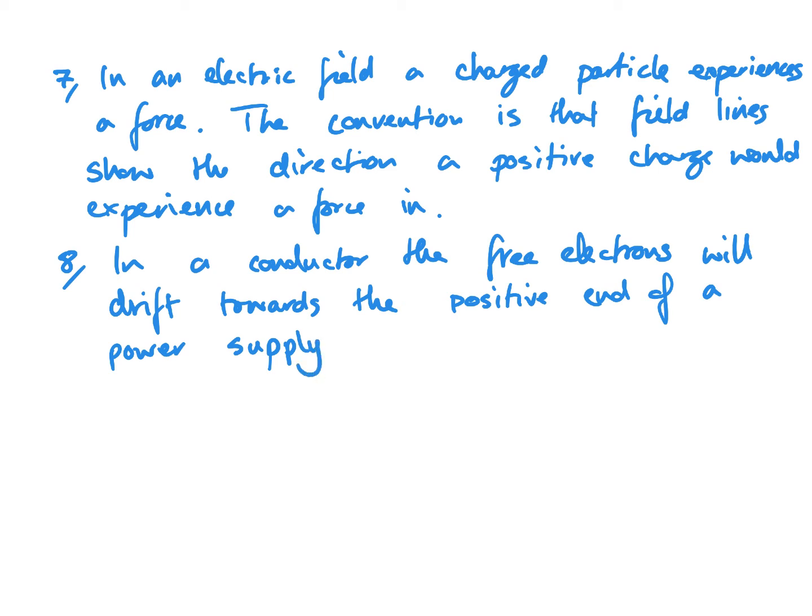So basically, a battery or any type of power supply sets up an electric field throughout the conductor so that the free electrons drift towards that positive end. So the electrons are already there in the conductor. That's what makes it a good conductor, the fact that its electrons are not tightly bound. Then when you apply the electric field, that starts them moving.